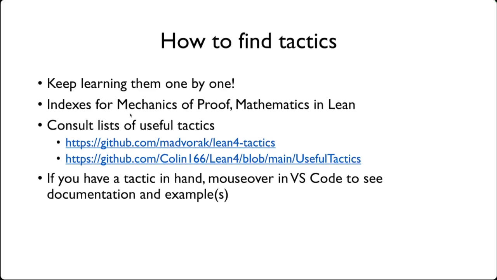You can also find lists of tactics. Mechanics of Proof and Mathematics in Lean have lists of tactics that they use in the book. So go to the indexes for these textbooks. You can find lists, and if some look unfamiliar to you, go and learn about them.